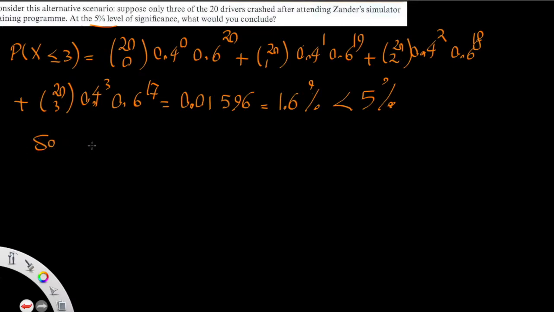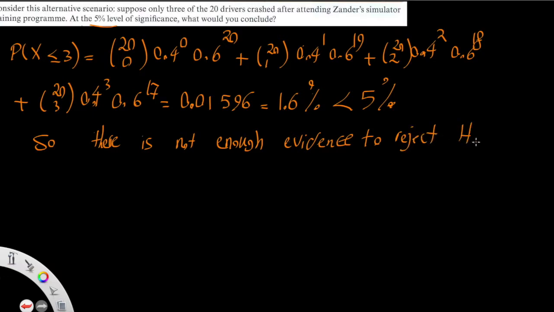So there is not enough evidence to reject H1 or accept H0, because it is in the rejection region.